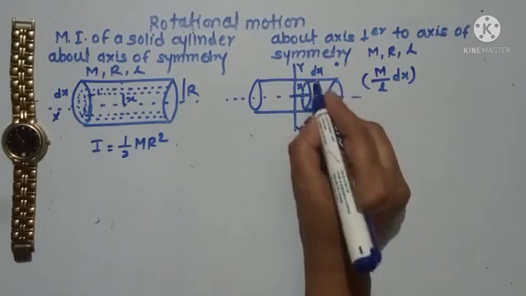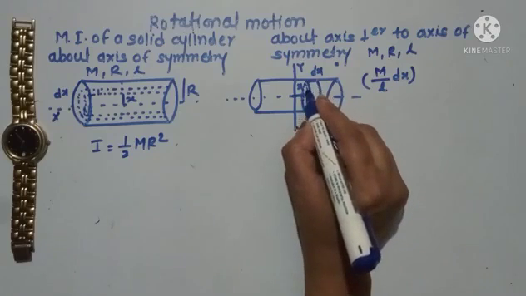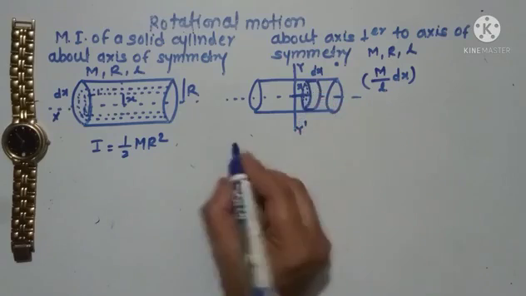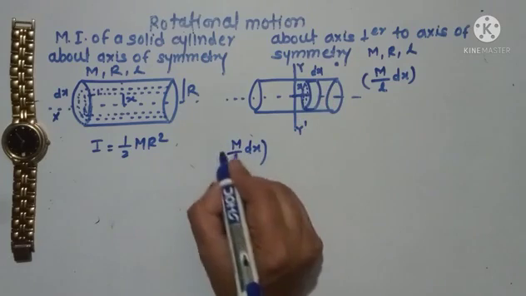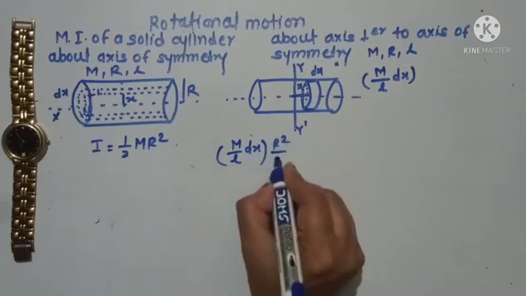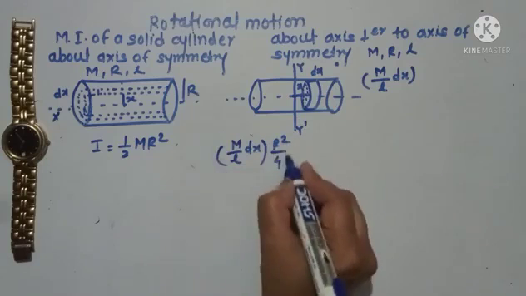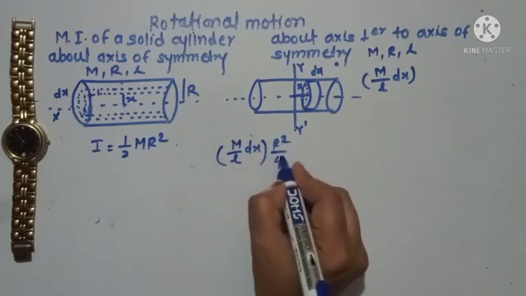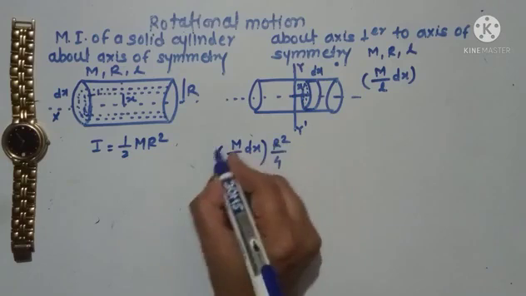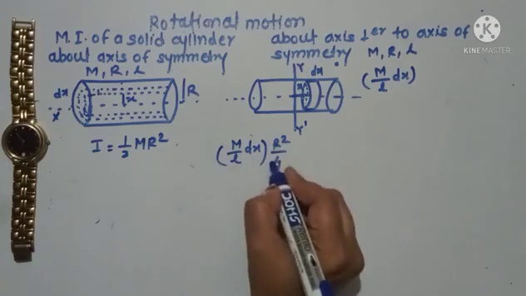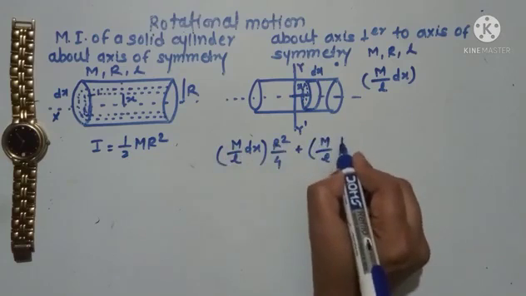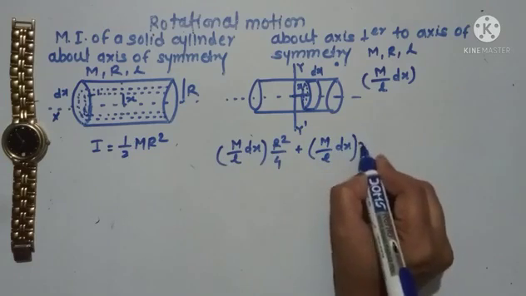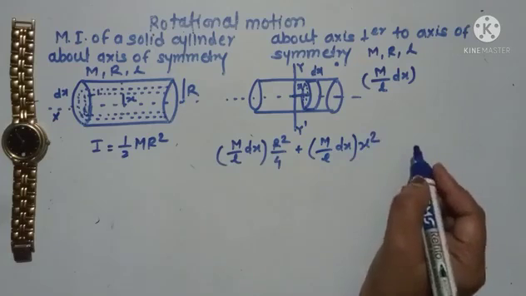The moment of inertia of this disk about its diameter is given by m upon l dx into r square upon 4. This derivation we haven't calculated. We have directly taken this formula, plus m upon l into dx into this x square.